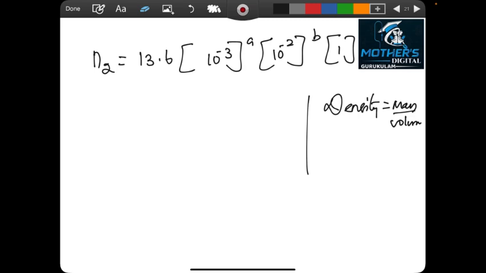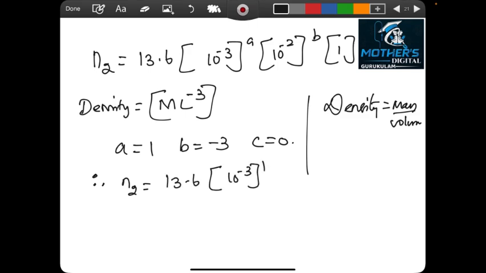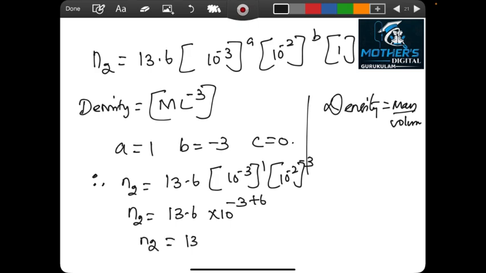Therefore, the dimensional formula for density is M L power minus 3. Comparing, we get A equal to 1, B equal to minus 3, C equal to 0. Therefore, N2 will be 13.6, 10 power minus 3 the whole power 1, 10 power minus 2 whole power minus 3, 1 power 0. So N2 will be 13.6 into 10 power minus 3, minus 2 minus 3 will be plus 6. So N2 equals 13.6 into 10 power plus 3.